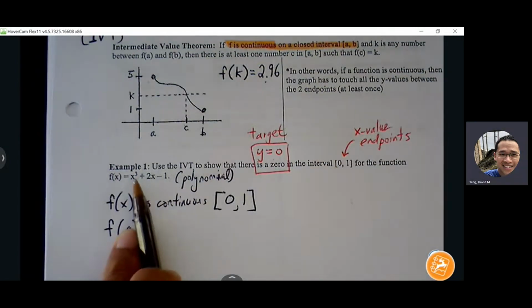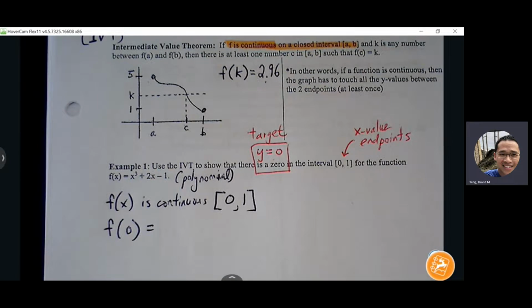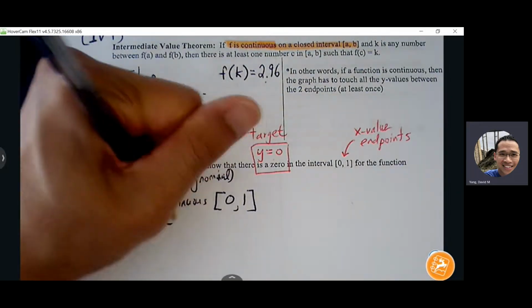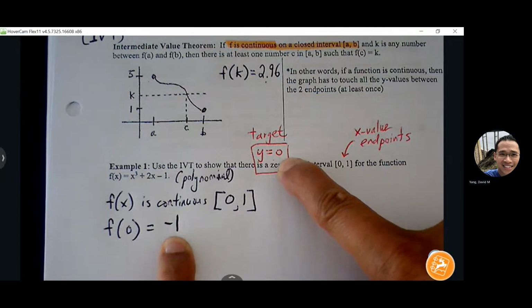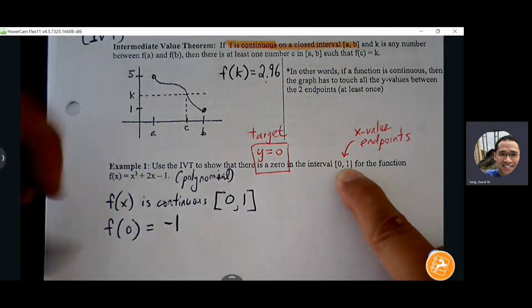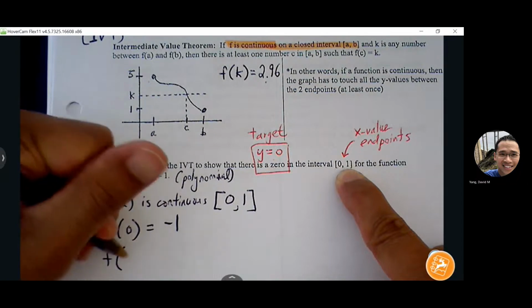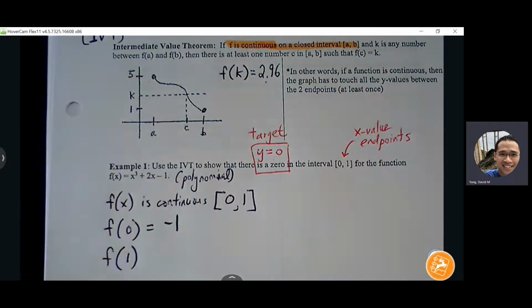So f of 0, if I insert 0 in for x, what do we get? -1. So we have a y value below our target. So therefore, we want the other endpoint to be what? Above, right? If we don't get one below and one above, then we really need more information. But if we're limiting ourselves to just this information, then we need one below and one above. Otherwise, we just don't know exactly what's happening.